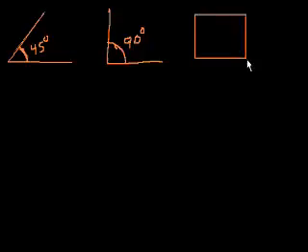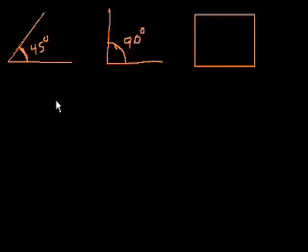A rectangle is made up of perpendicular lines, or lines at 90-degree angles. These two lines are at a 90-degree angle. The way you draw a 90-degree angle is you draw a little box like that.